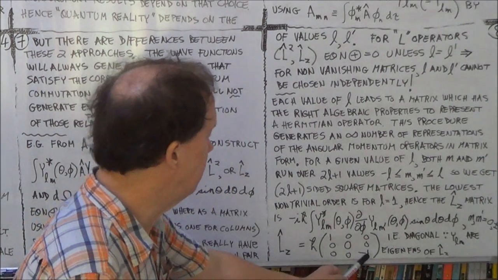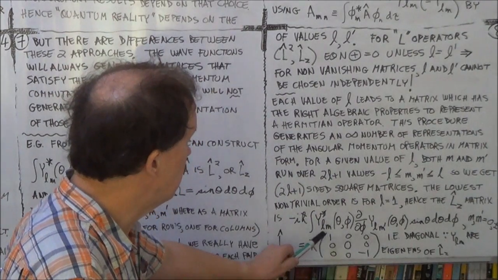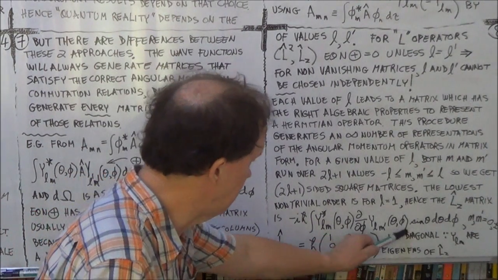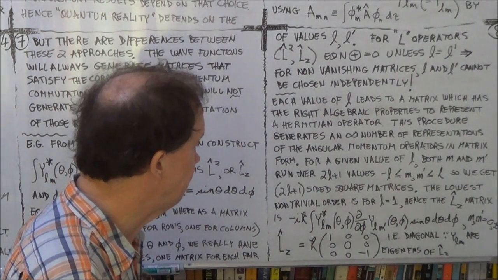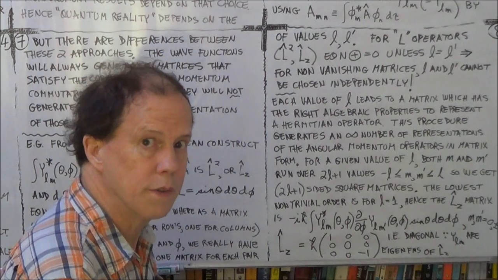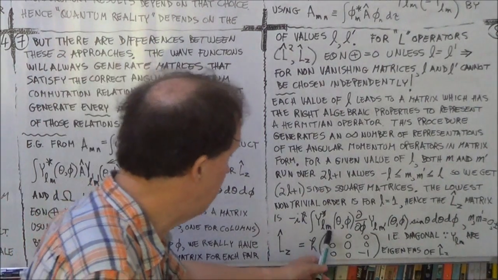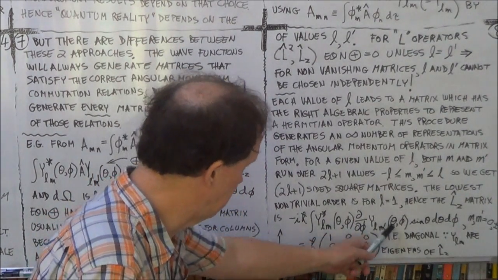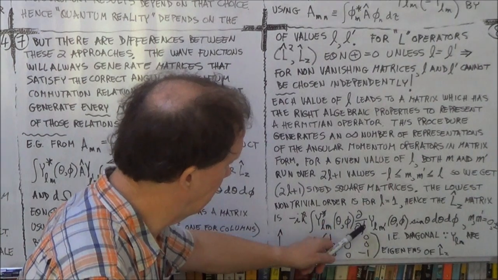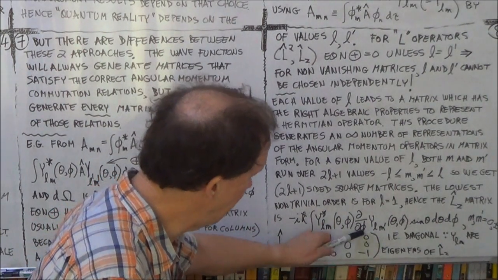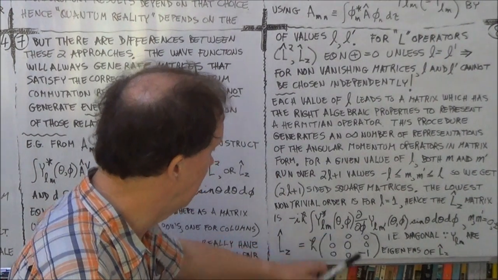Now look, it's diagonal, and we talked a bit about this in an earlier lecture. That's not surprising. It's because these eigenfunctions, these spherical harmonics, are orthonormal. This is a differential operator, and you get an eigenvalue m, so you get m times this, from the eigenequation.